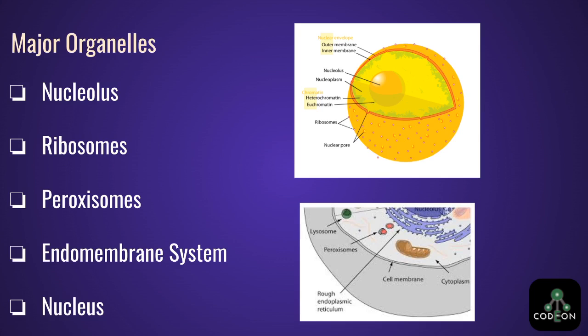This is something called the sarcoplasmic reticulum, which you don't need to know as of right now. And then last but not least, we have the nucleus. I forgot to mention, just backtracking a bit, the smooth endoplasmic reticulum is going to be responsible for the synthesis of lipids. That's all you need to know for the smooth.